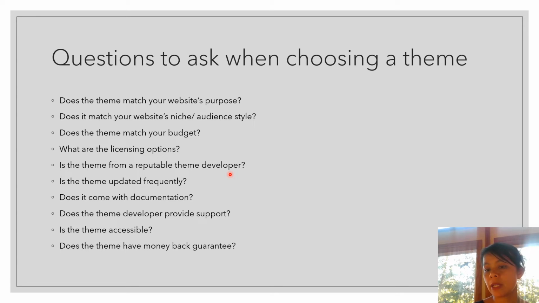So you have to make sure you are getting a theme from a reputable theme developer, someone that is known in the community and has good reviews. If you just get it from someone that you've never heard of before who would just disappear after giving you the theme, who knows what it contains, right?